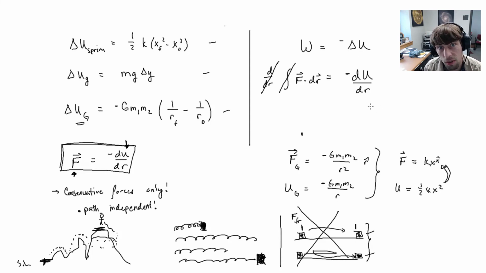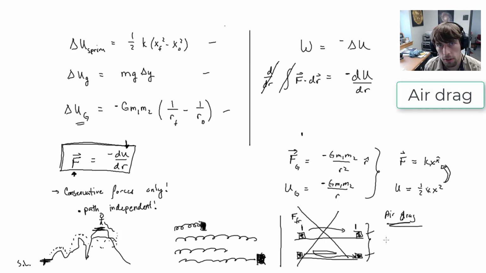Some of the more difficult ones, frictional force and air drag, are non-conservative. These are a no-go. That's why you won't see an expression for the potential energy of air drag. In any case, I'll leave it there for right now.